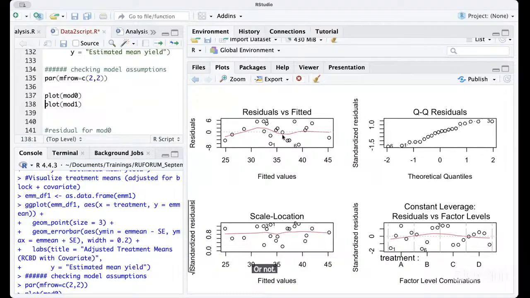But I'm not going to spend much time on this. I just want to run the second one. So you can see that the 2 models that we had have different residual plots, and you can check these residual plots to be able to determine whether your assumptions are violated or not.